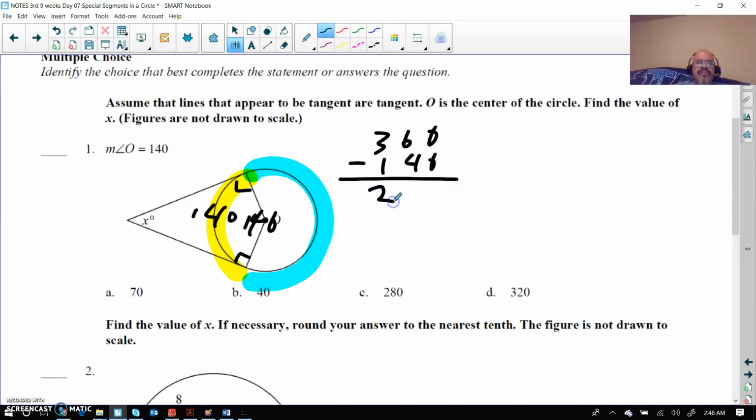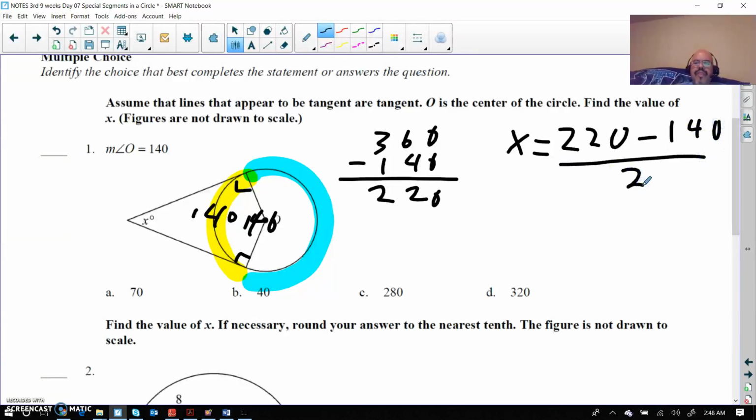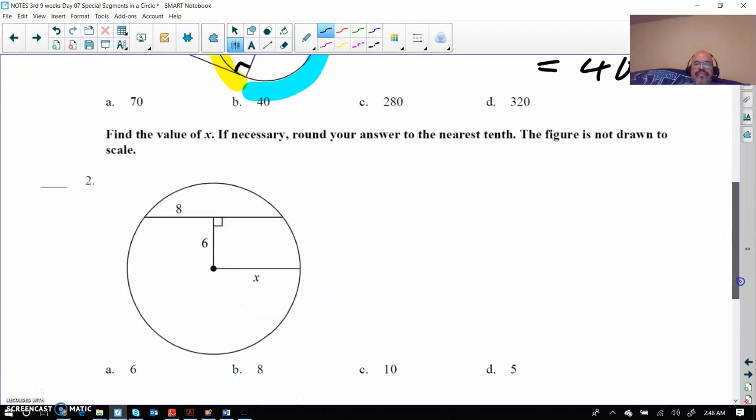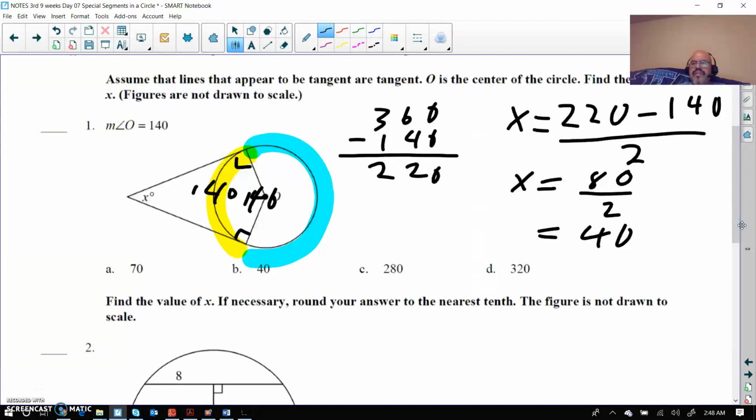So this is going to be 220. So right here, angle X is equal to 220 minus, which is the larger arc, minus the smaller arc, which is 140, and divide that by 2, which is going to be x equal to 80 over 2, which is equal to 40. You can go ahead and pause it there if you want.